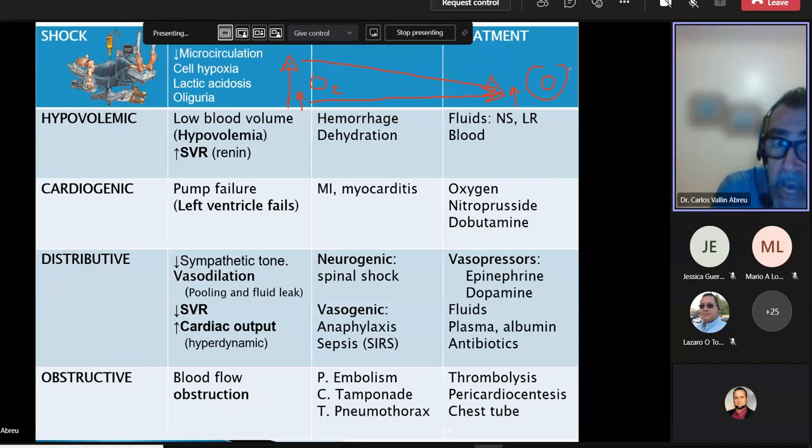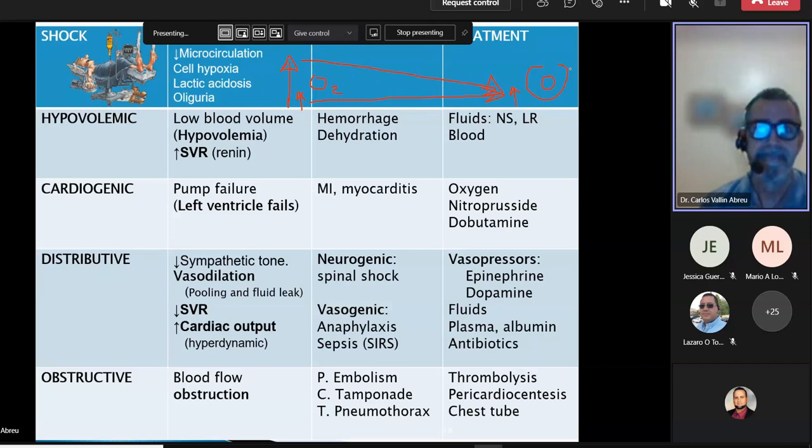The anaerobic metabolism, which is the cell's attempt at survival, produces a lousy amount of ATP, but sadly also produces a venom, a toxin, a poison called lactic acid.